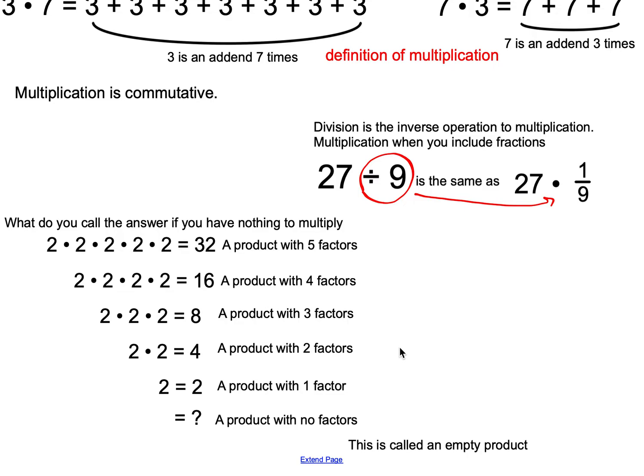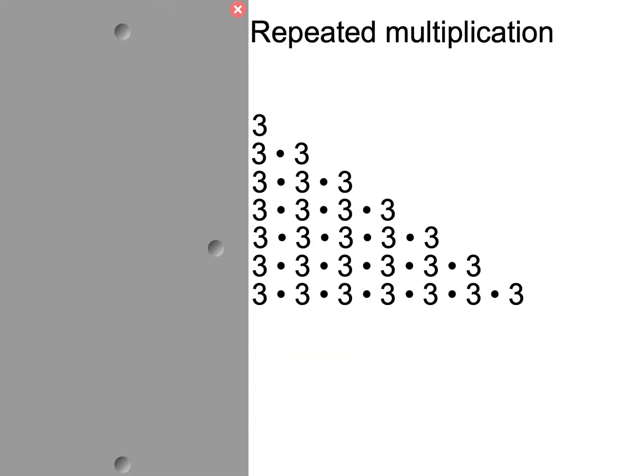You might think it's 0, but it's 1. If you have nothing to multiply, it's like each of these is multiplied by a 1. You just don't need to write it. The empty product is 1. That's why when you multiply by 1, nothing happens. And if you divide everything away, you're left with 1, not 0.